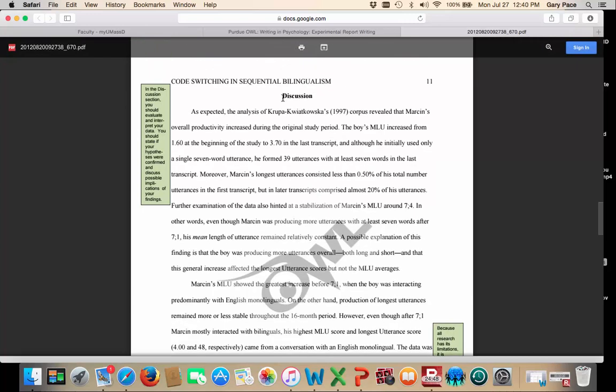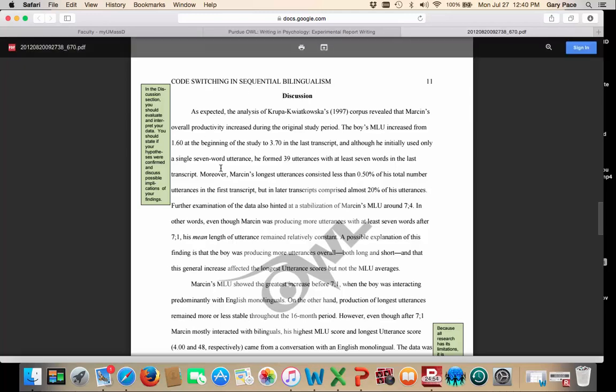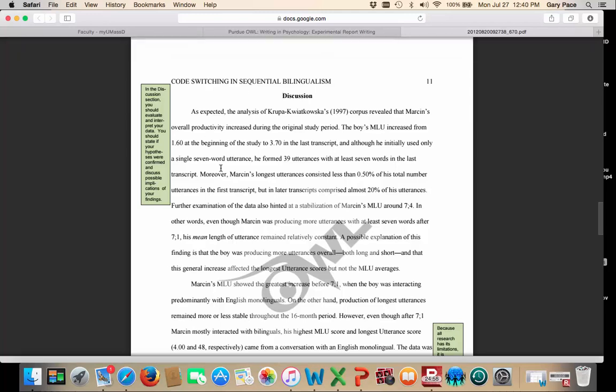Again, the discussion, you're going to evaluate and interpret your data. So you state your hypothesis, whether your hypothesis was confirmed, and discuss possible implications of your findings. More specifically, as we talked about in week 1, you start off with that very first paragraph. You evaluate the results.